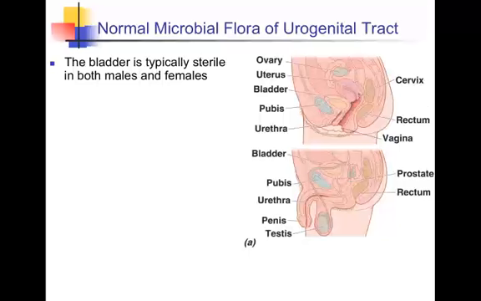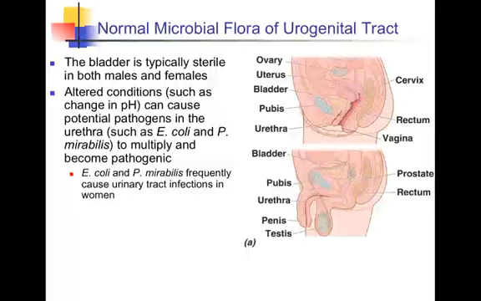Those would be organisms that might be found in an infected bladder but not in a healthy one. However, as health conditions are altered, you can see a change in the pH of the bladder that can make it a suitable site of colonization and growth of things like E. coli and Proteus mirabilis, which are frequent causes of UTIs in both males and females, and more commonly in women.